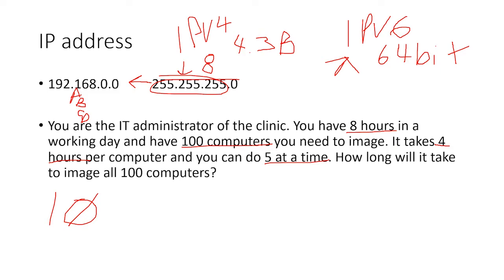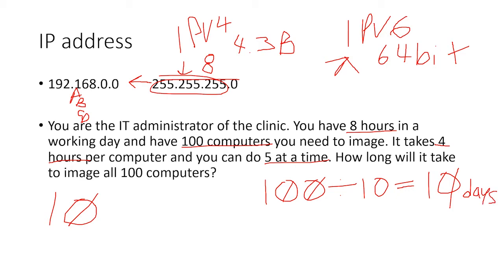And we have 100 computers, right? So 100 divided by 10. 10 goes into 100 10 times. So we can do all 100 computers in 10 days. Well, that's if nothing goes wrong.